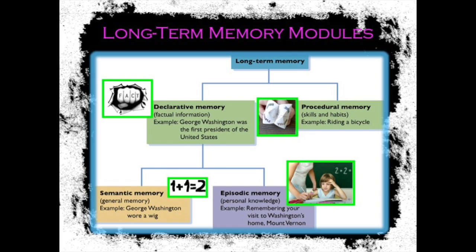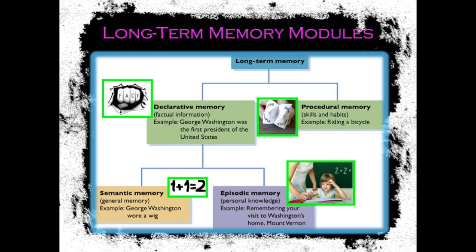And there are two types of declarative long-term memory. There is semantic memory and episodic memory. Semantic memory is memory for general knowledge and facts about the world as well as rules of logic. So like, how to do a math problem, or the capital of California, or the zip code for Beverly Hills.